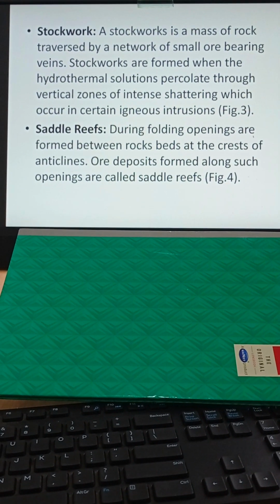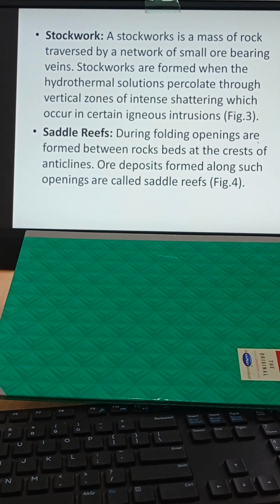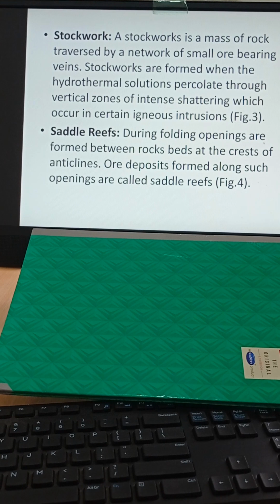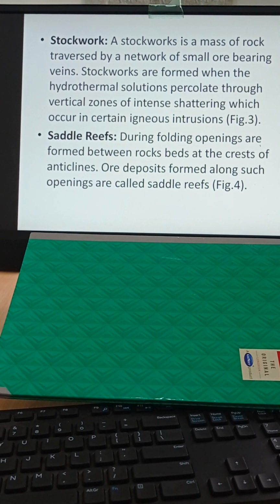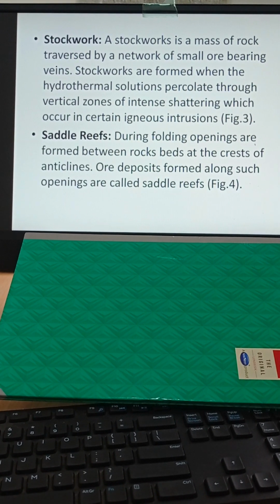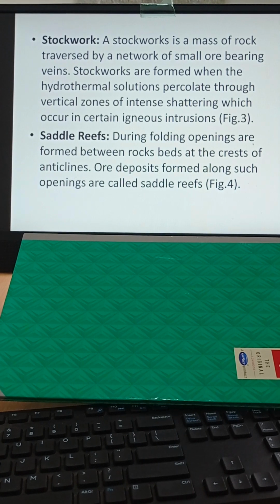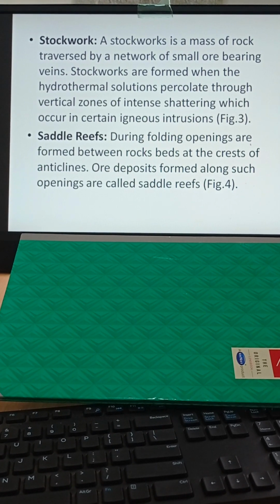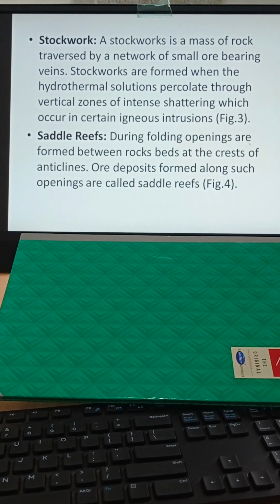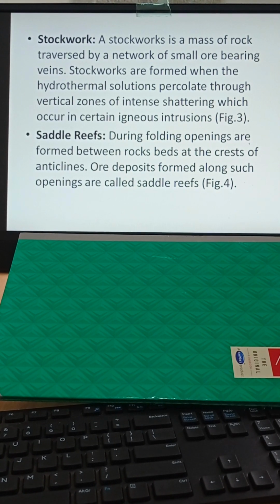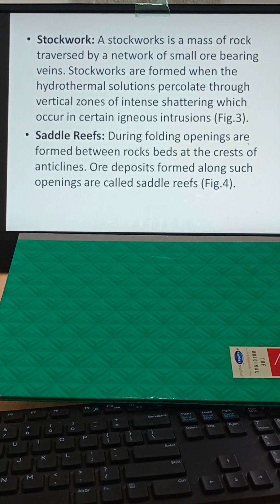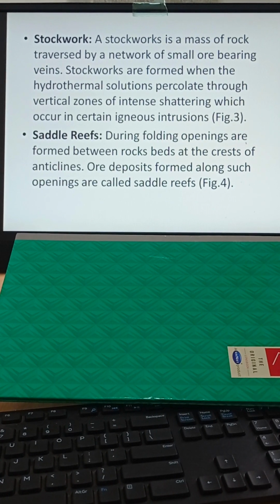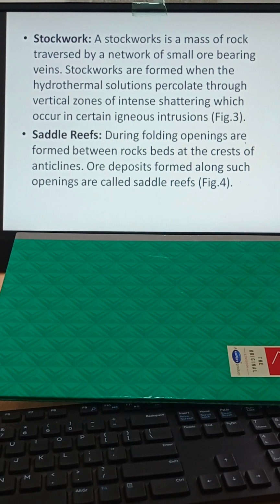Stockwork. Stockwork is a mass of rock traversed by a network of small ore-bearing veins. Stockworks are formed when the hydrothermal solutions percolate through vertical zones of intense shattering which occur in certain igneous intrusions, as shown in figure 3.